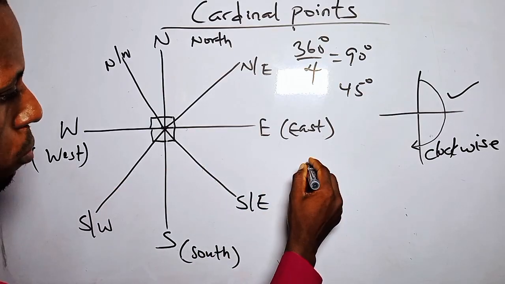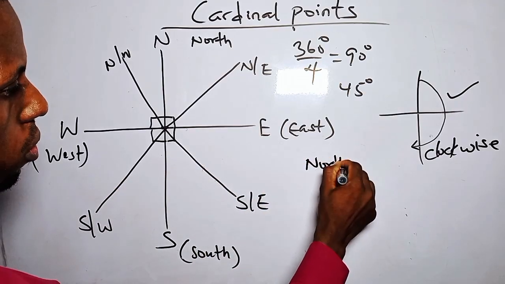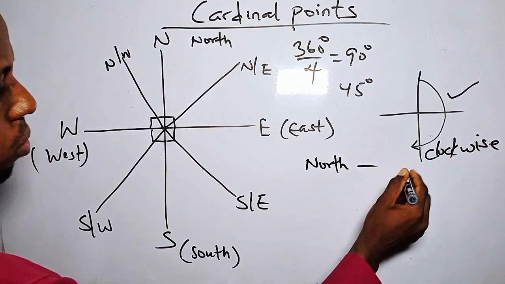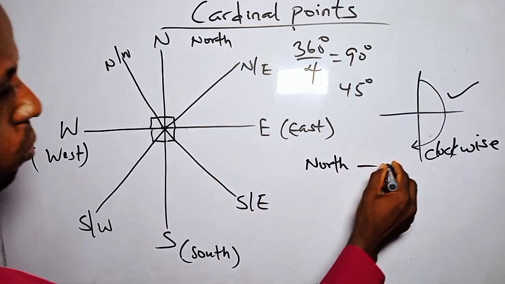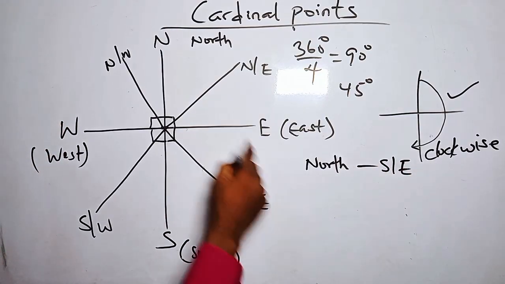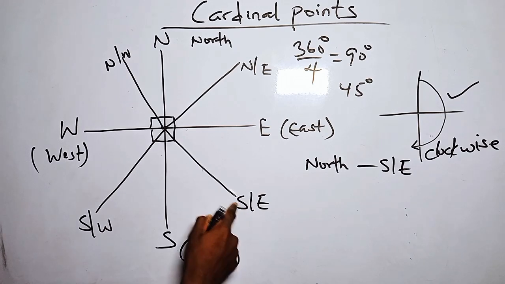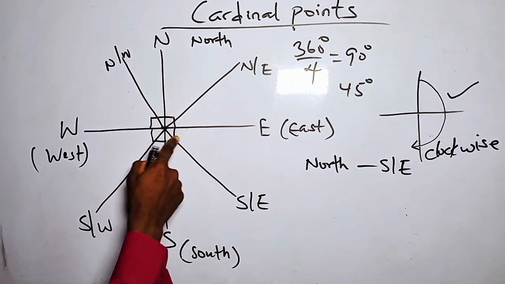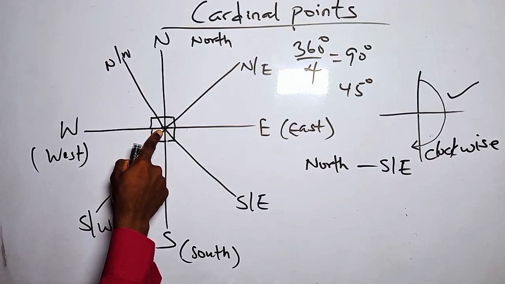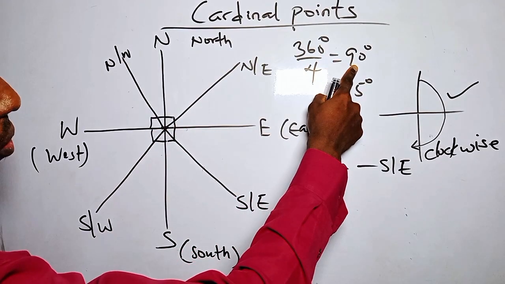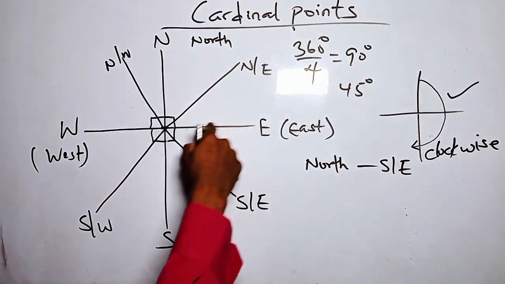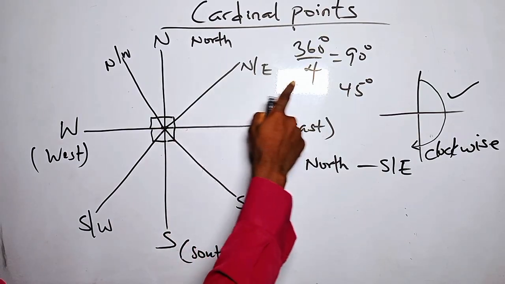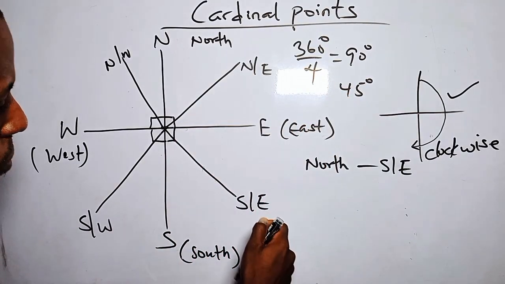So say, for example, what's the direction from north to, let's say, southeast? What's the total angle from north to southeast? Do not forget, I said the primary directions divide the angle at the point at 90 degrees, while you have the intermediate directions at 45.